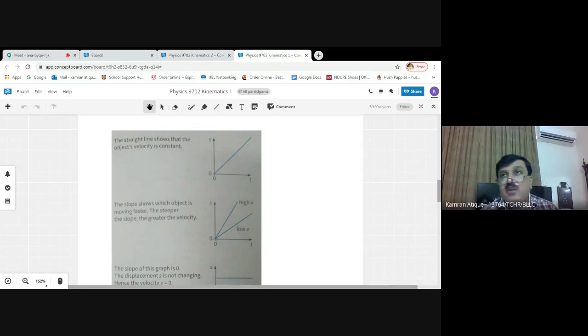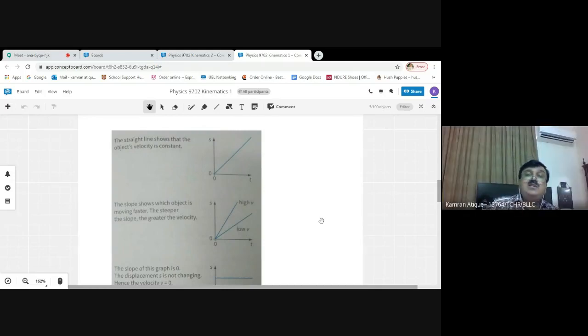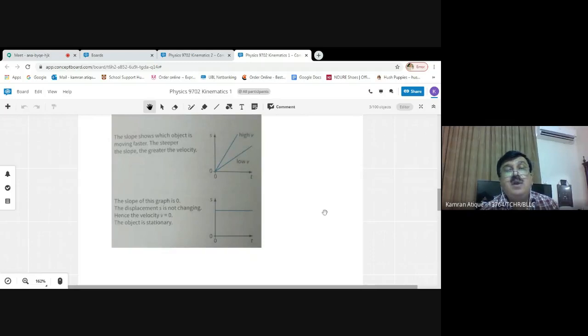That's why such a graph is obtained, a graph whose gradient is larger compared to the gradient of A. Okay, Hamza? Yes, sir. So you can see that the distance time graph also gives us the information about the speed.